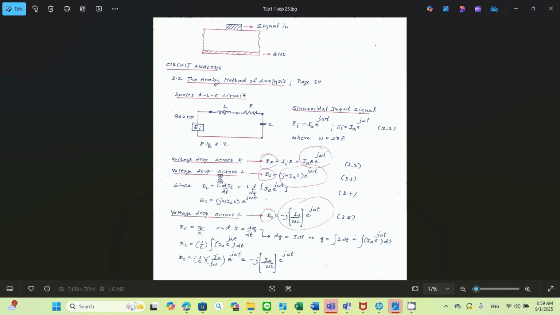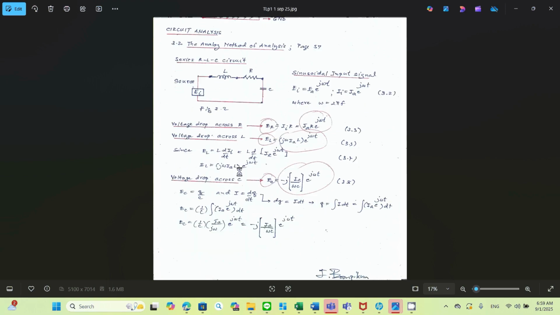When you're dealing with the inductor and capacitor, you get a more complicated system. So what is your EL? I wrote down EL equal to j omega IAL exponential j omega t. If you are looking for the magnitude of EL, the voltage drop across the inductor, it simply becomes omega IAL.